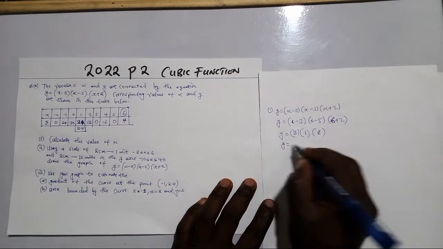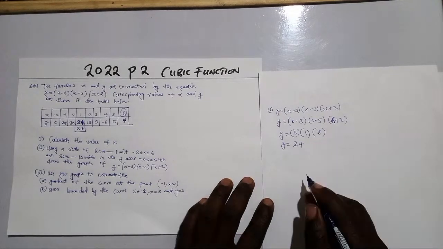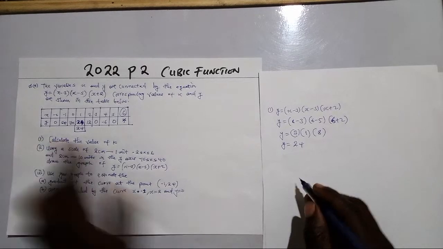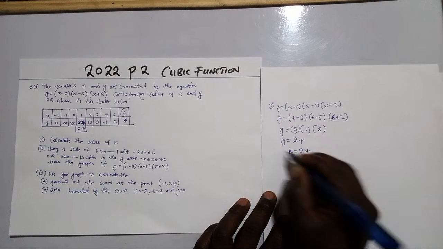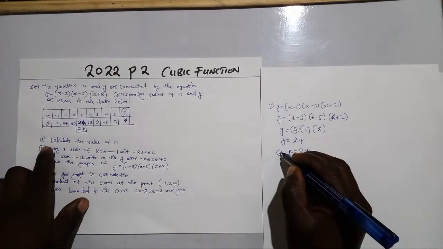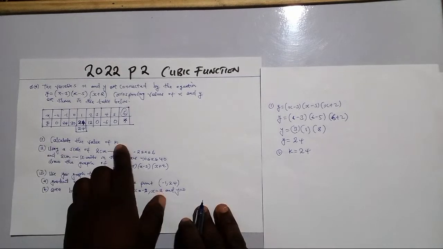Then y will be equal to 3 times 8, which is 24. So now the value of k is 24. So we are done with Roman numeral 1, we have found the value of k.